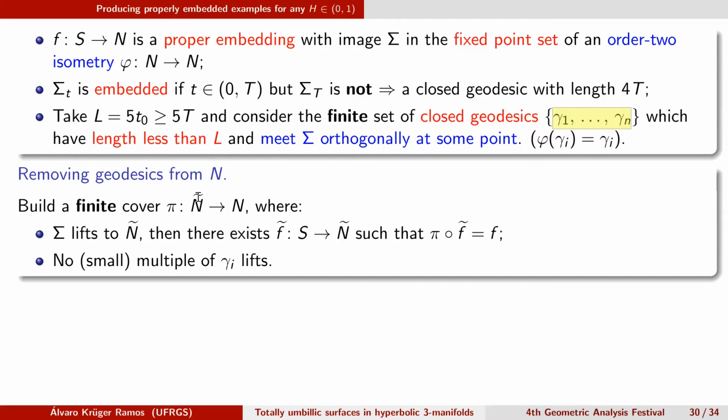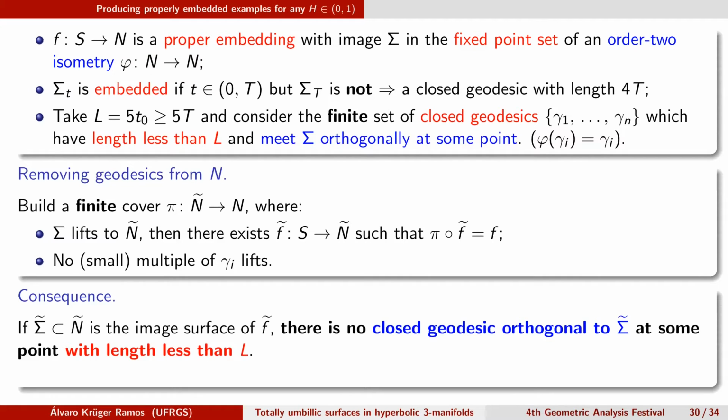So this space will not have closed geodesics with lengths less than L which meet sigma or sigma tilde orthogonally at some point. And I forgot to write it down, but we also want the isometry to lift. I forgot to write that down, but I'm saying it here.